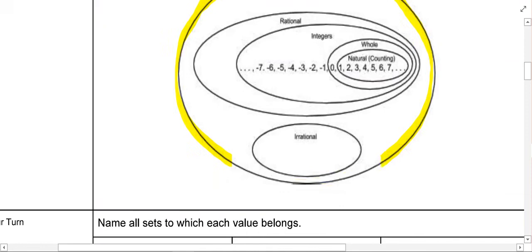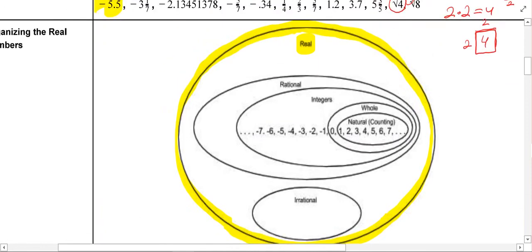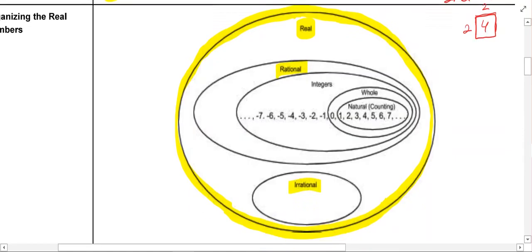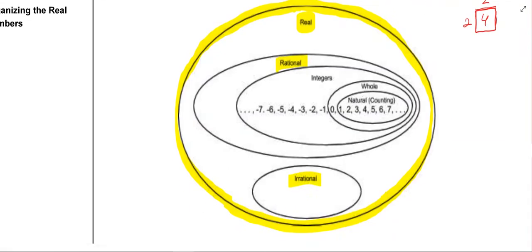So it's circling all of this stuff. Everything inside this perimeter are real numbers. So rational numbers are real numbers, irrational numbers are real numbers. But what you can also see, how you read this, is that irrationals are outside of the rationals.